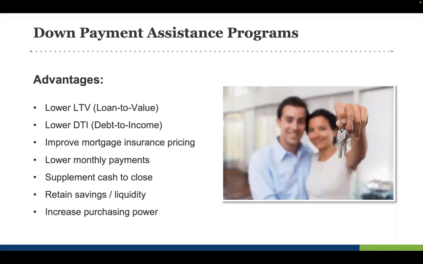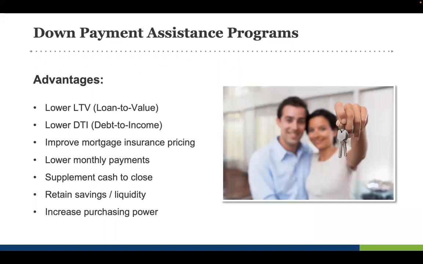As you lower the loan to value, you may also open up the door for a better first mortgage scenario. So consider this. You've got a client that's on the cusp of getting FHA approved, and we find out that there's a down payment assistance program that can inject $5,000, $10,000, $20,000 into the transaction and reduce their loan to value to, let's say, 95% instead of 96.5%.